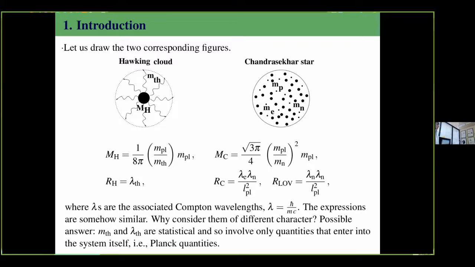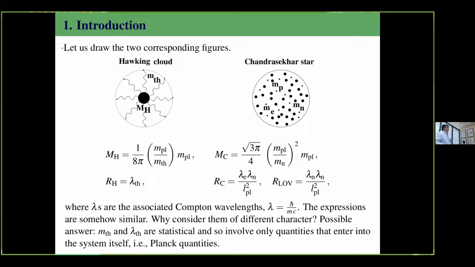So these expressions are similar in a sense. So why consider them of different character? This one is fundamental in the sense that it's quantum gravity, and this one is not quantum gravity. Well, the possible answer is that the thermal quantities, m thermal and lambda thermal, which are essentially the same, one is 1 over the other, because of the Compton wavelengths, are statistical quantities because they are thermodynamic, thermic quantities.